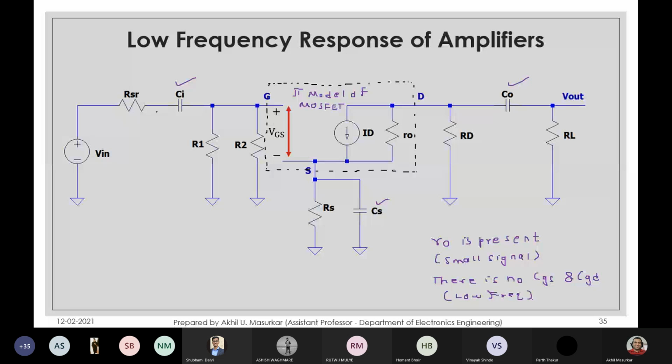This circuit is the AC equivalent at low frequency for a CS amplifier.